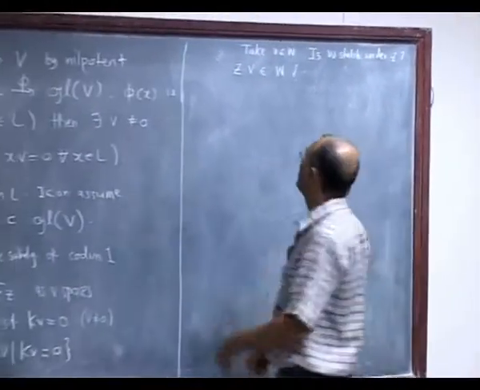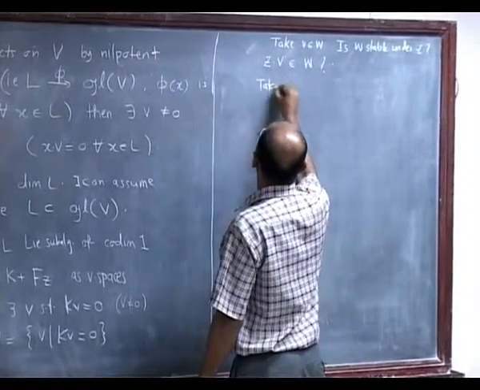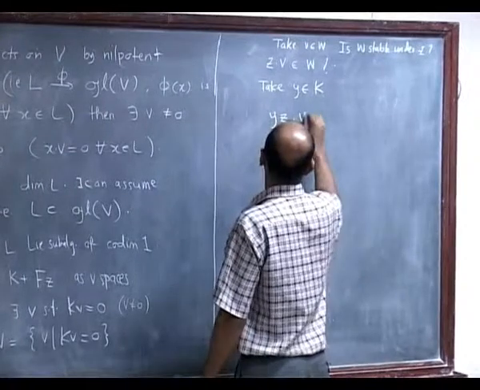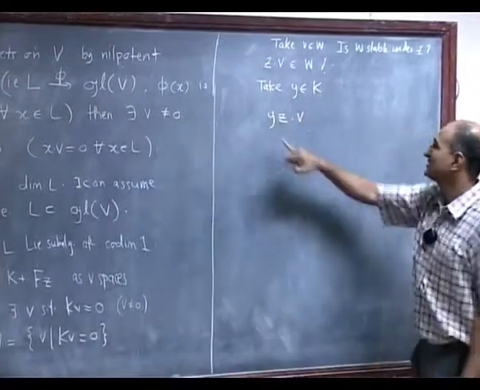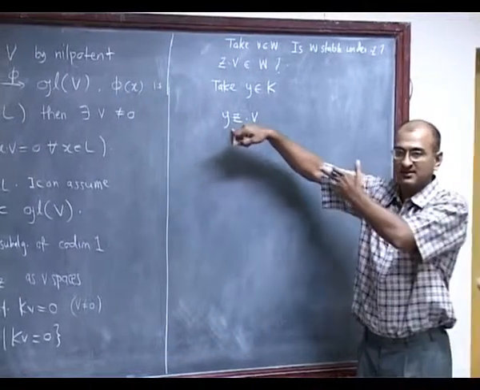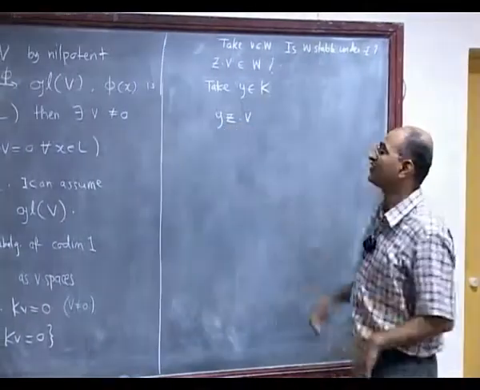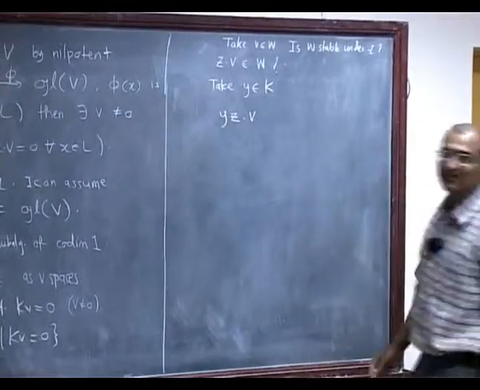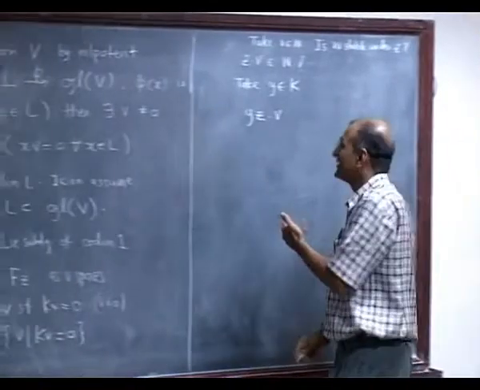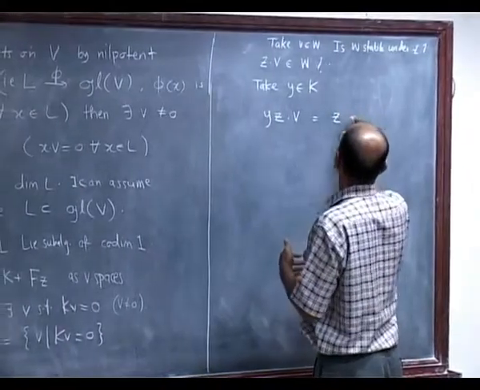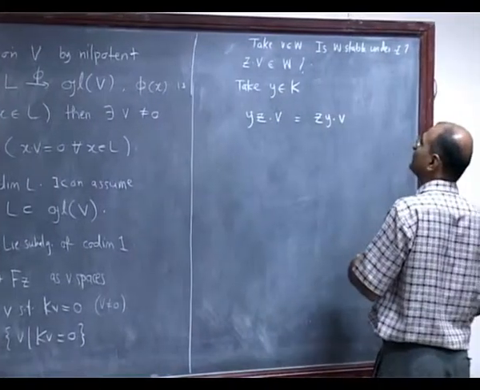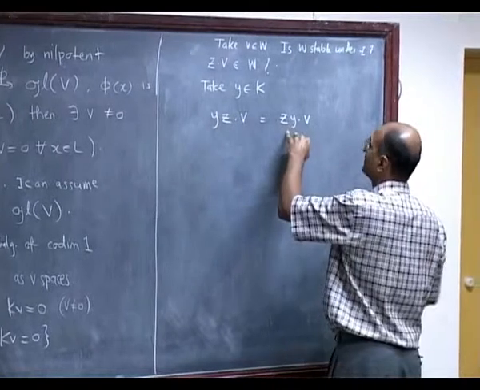I take y in K and look at y Z acting on V. What is this y Z? This is just composition of operators. These are actual matrices now acting on V. So y Z V, and then what do we do? It suggests itself, there is a Lie algebra. So this is Z y V, and then I have to add this and subtract this.